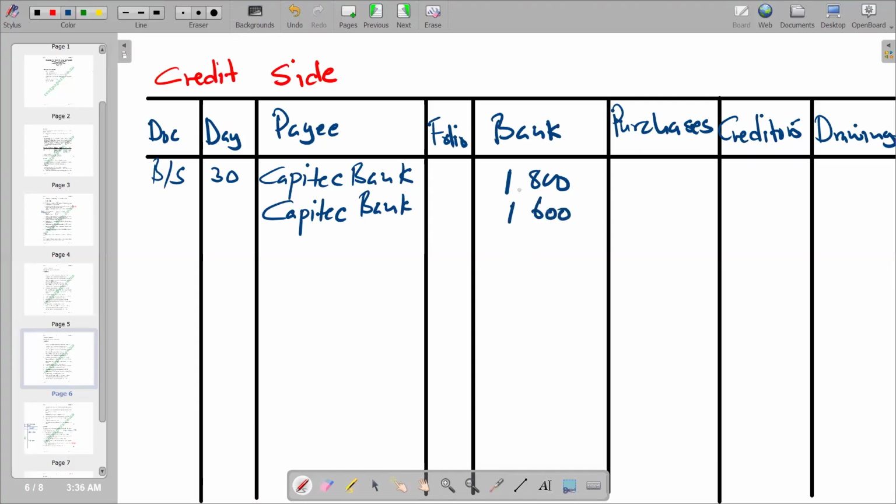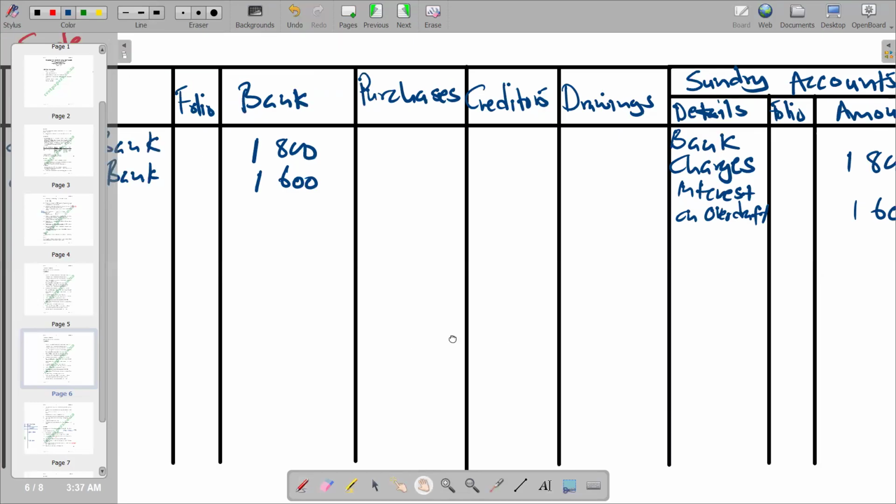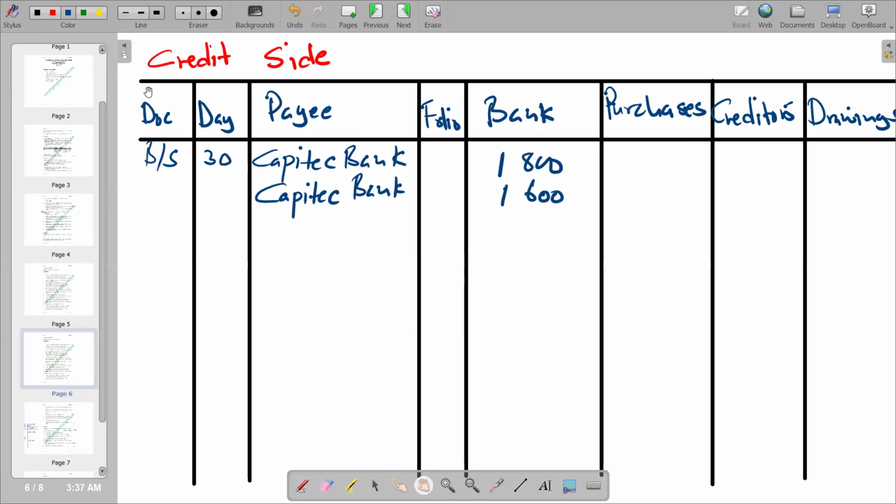And again, interest on overdraft does not qualify under purchases, creditors, or drawings. So in that case, we put it under the sundry account section, whereby we indicate it as interest on overdraft, and it's 1,600. So basically, that's what we have on that one.